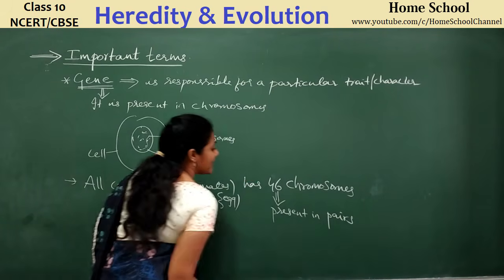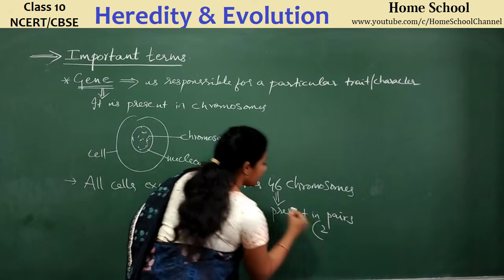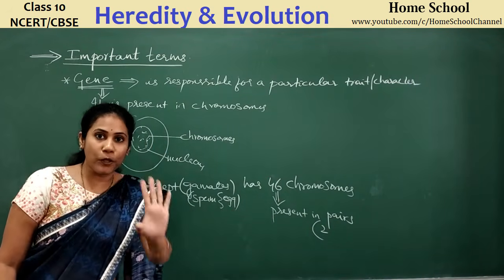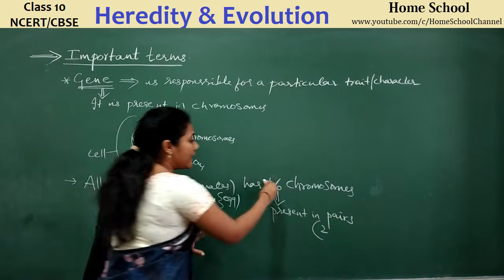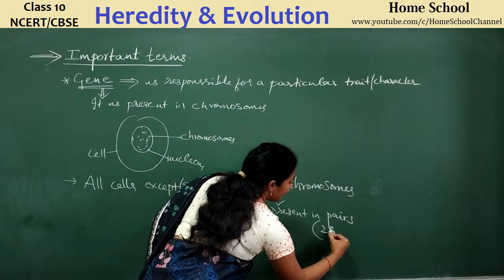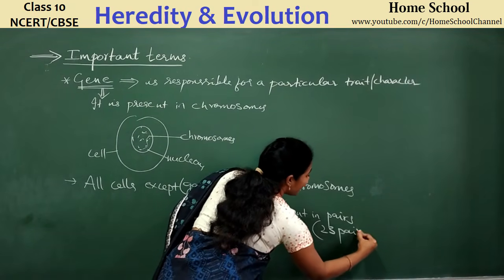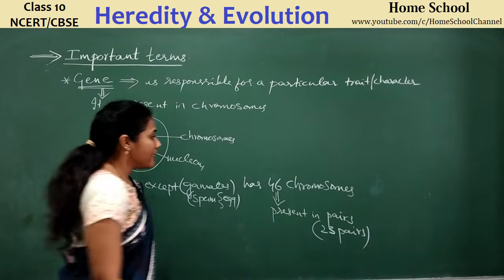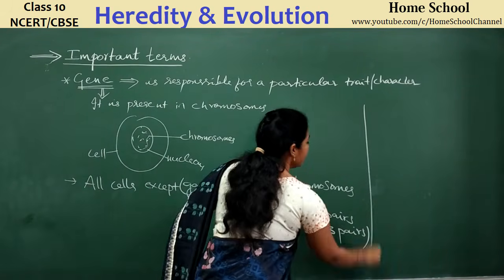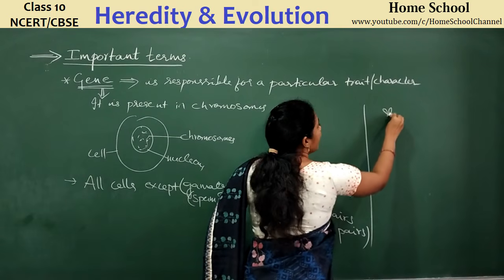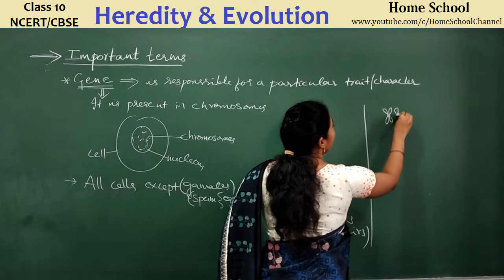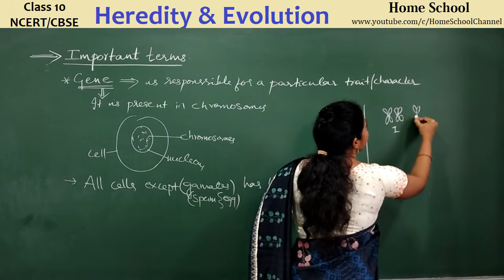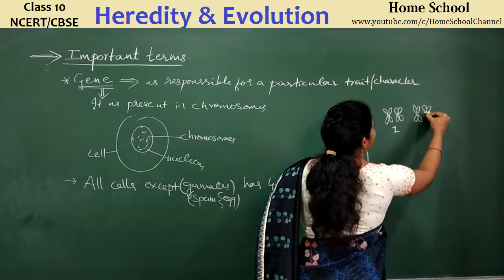They are present in pairs. 46 means if you pair it, pair in the sense what? A group of 2. 46 chromosomes are present in 23 pairs, guys. Clear, everybody? Say for example, this is one pair of chromosomes, the first pair, and this is another pair of chromosomes.